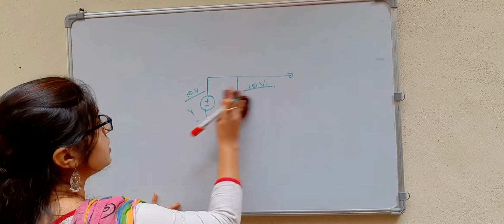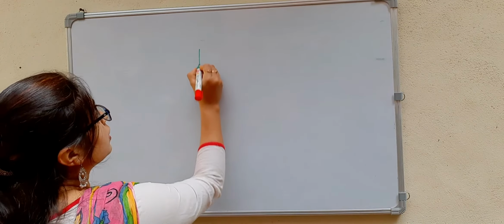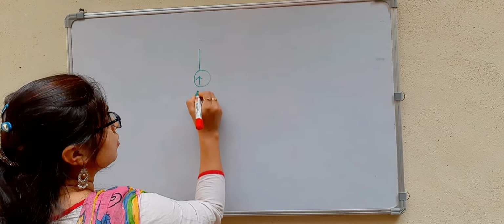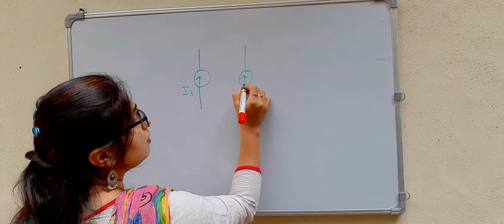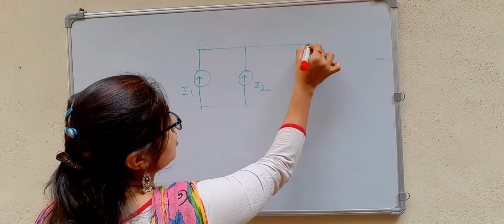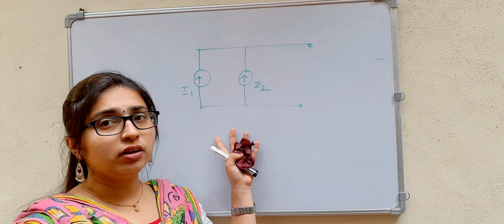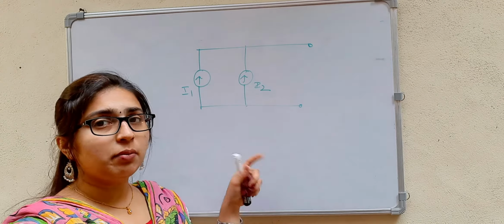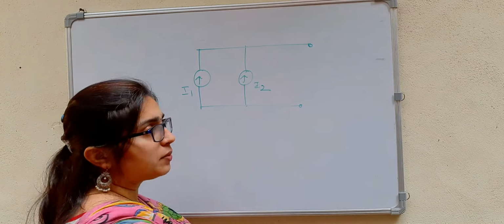Next, let us consider the current sources. If this current source I1 is in parallel with another current source I2, the current rating may be the same or different in this case. So what will be your equivalent source?